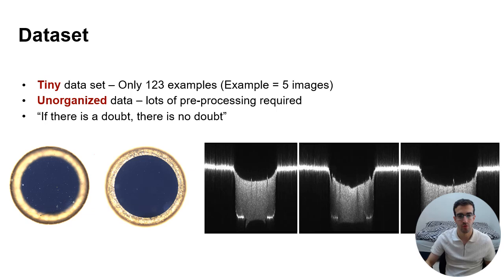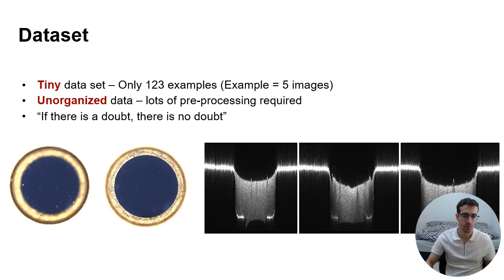So now we move to describe the prepared dataset. Unfortunately, it has some significant limitations which are common to real-world problems. It has only 123 examples. In each example, there are 5 images from different views. The data is unorganized, and there is variance in the imaging conditions and settings, different lightings, and more.